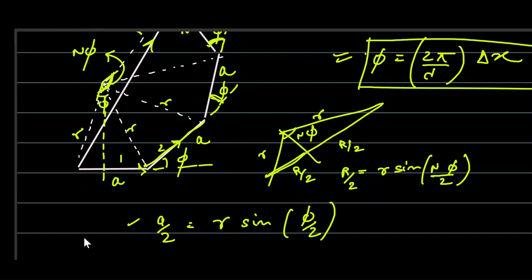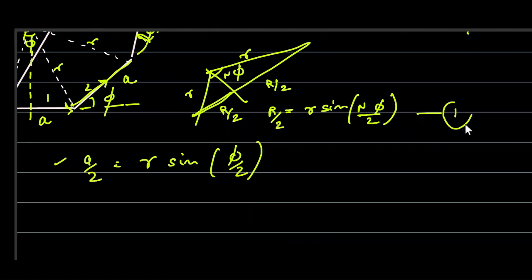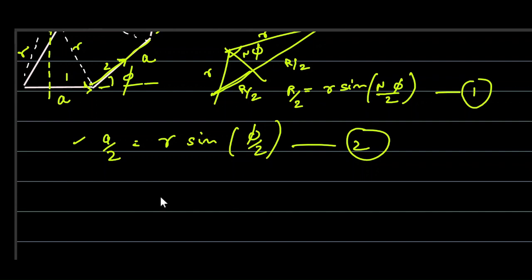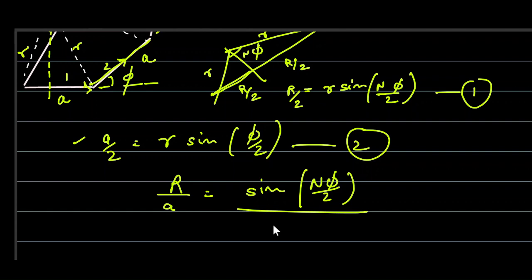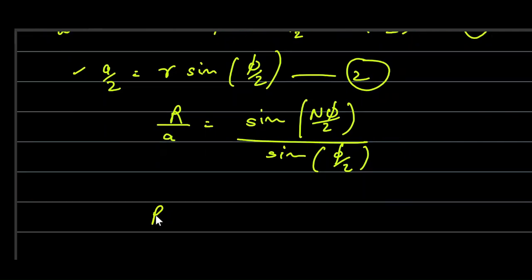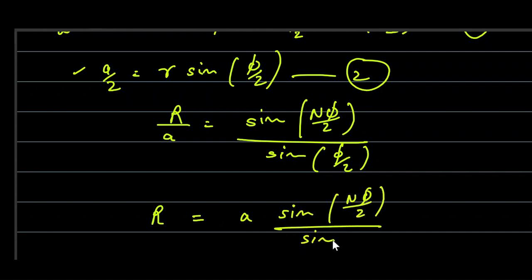So we have these two equations. Eliminating small r by dividing equation 1 by equation 2, we get capital R by small a as sine n phi by 2 upon sine phi by 2, and so the resultant amplitude R is small a times sine n phi by 2 over sine phi by 2.